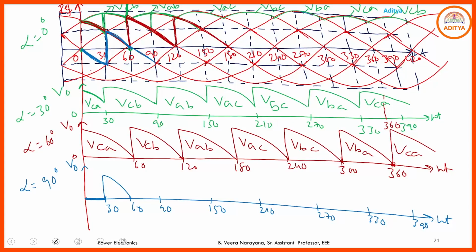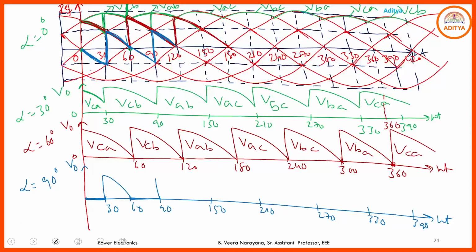After 60 what happens? The negative voltage will be available across the SCRs, hence they go to reverse biasing. And after that 90 to 150 VCB, this is the VCB curve.